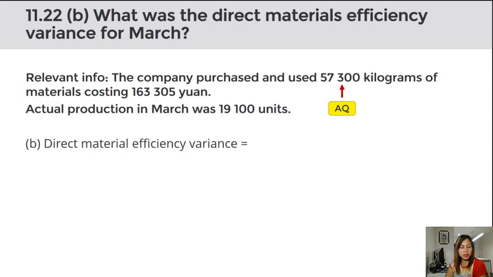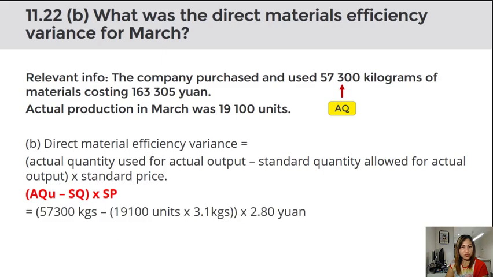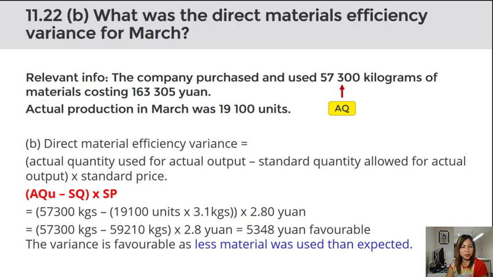Therefore, to calculate direct materials efficiency variance, actual quantity used minus the standard quantity times the standard price. The actual quantity used is 57,300 kilograms. What about standard quantity? The standard quantity per unit that we got from the previous calculation is 3.1 kilograms times the actual production 19,100 units times the standard price 2.8 yuan.